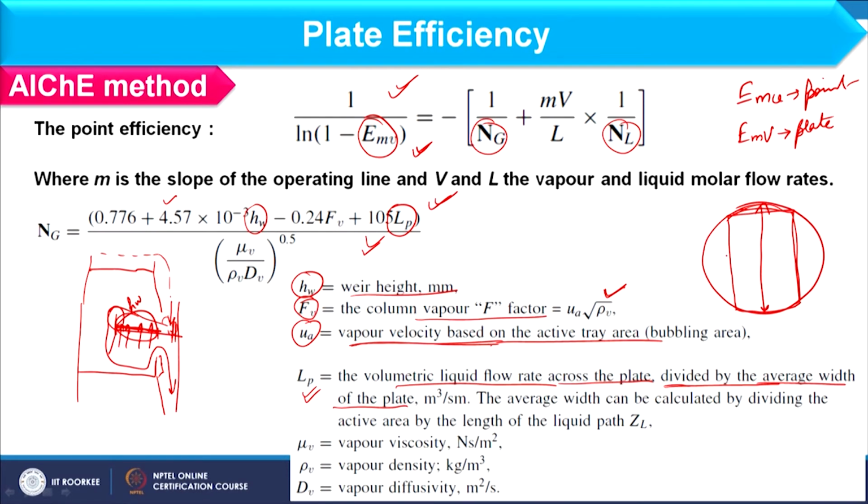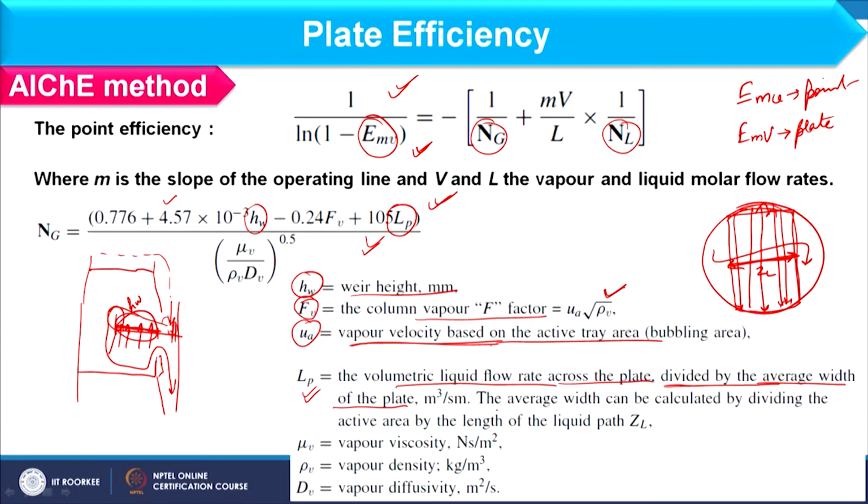So, this is the flow pattern over the plate, and if I deduct this distance and divide the active area by this distance, we can simply find out this distance. I hope it is clear to you. So, this is basically the ZL value.